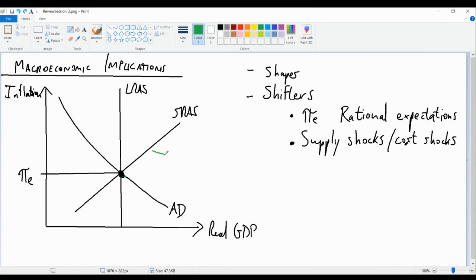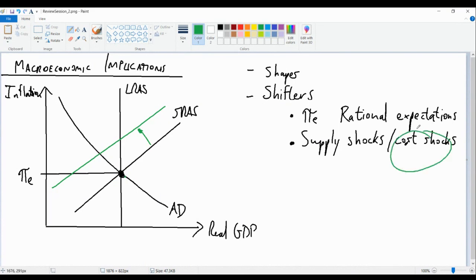We generally don't worry about positive supply shocks because sadly they don't seem to happen much, but negative supply shocks do happen sometimes. That's the only case where you might have a supply curve that is not exactly crossing the long run at the level of expected inflation.